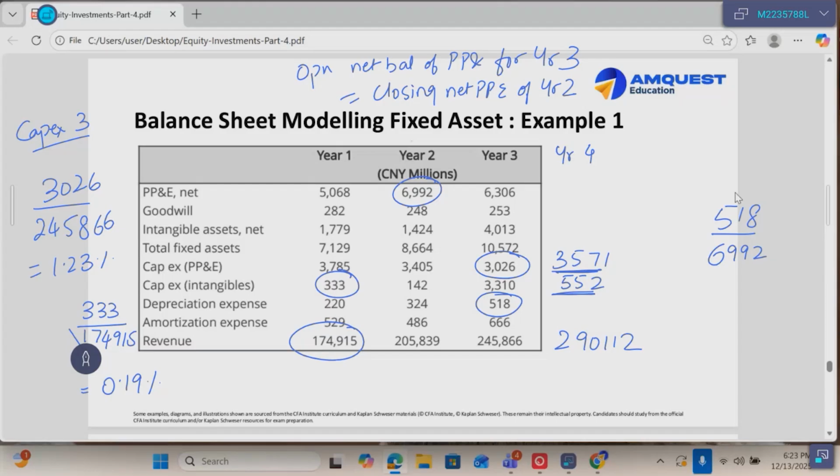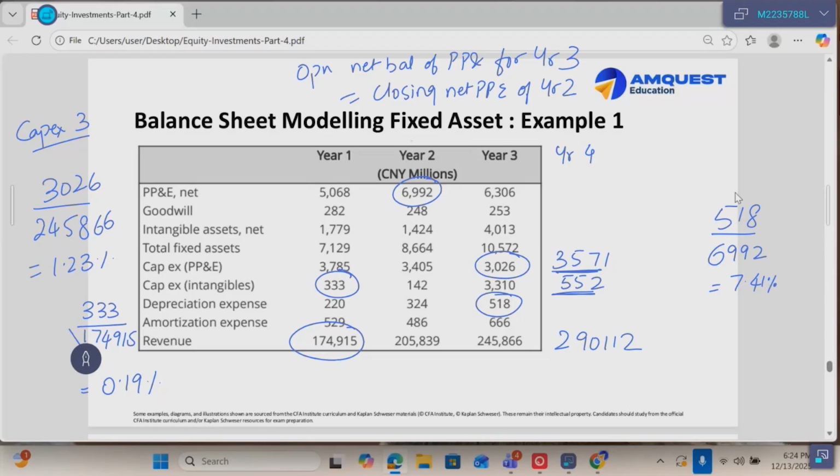That is depreciation relative to net PP&E and amortization related to opening intangibles. I think there's some wording error which we will correct. So this percentage is coming as 7.41%. We have to charge depreciation at 7.41%. So okay, it will be charged at the opening balance.